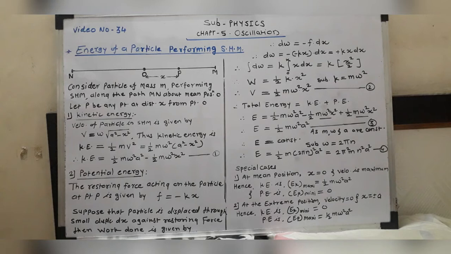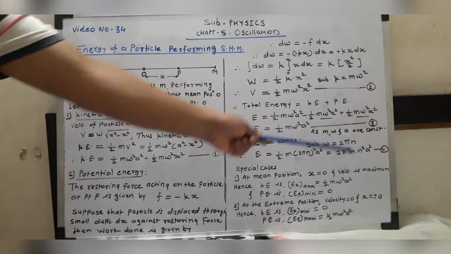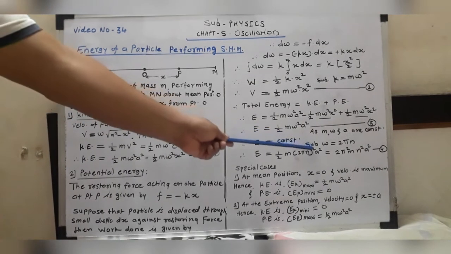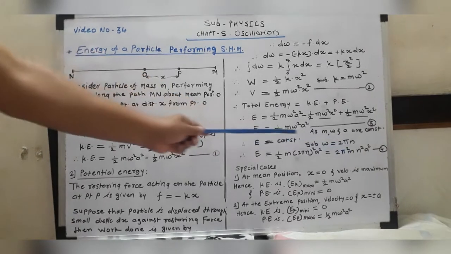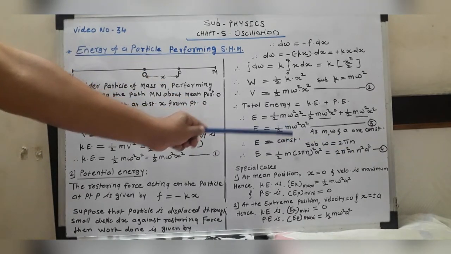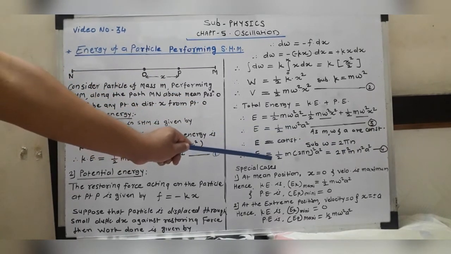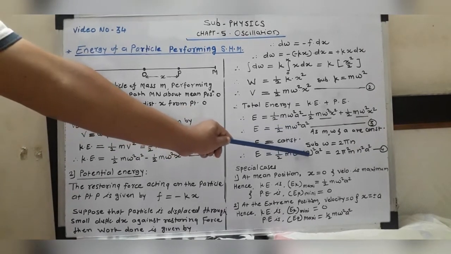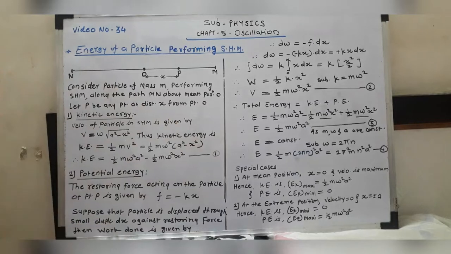Now also substituting the value of omega, that is nothing but 2 pi n. We know that in the first chapter we have seen the angular velocity, that omega is equal to 2 pi by T, or instead of 1 upon T we can write n. Therefore substituting omega is equal to 2 pi n in this equation number 3, we get E is equal to 1/2 m, instead of omega we can write (2 pi n) square and a square.